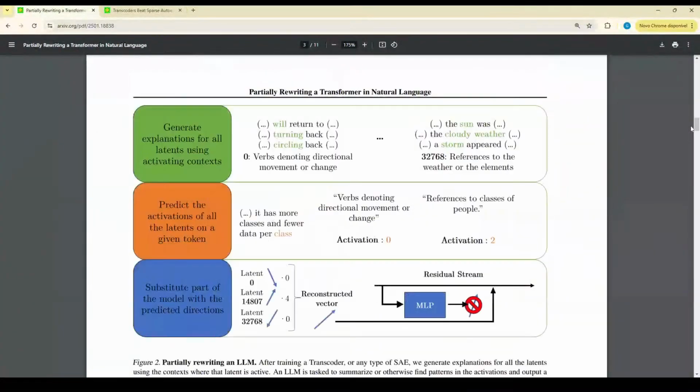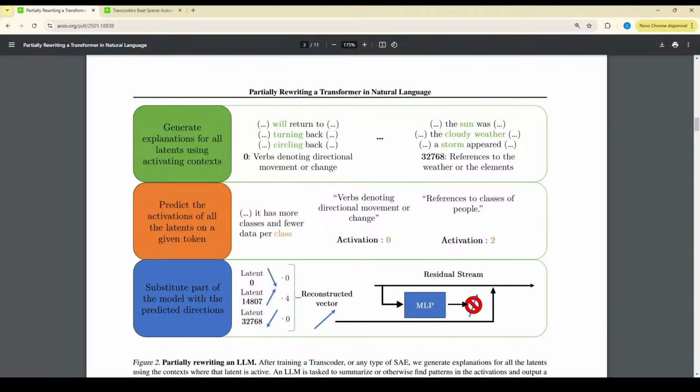I think there isn't a picture, so I cannot show you a picture. There is a picture. Yeah, so we first start by going through all the latents of our SAE, or in this case transcoder. We collect activations. If you're familiar with autointerp already, I'm just going to repeat it for a bit.